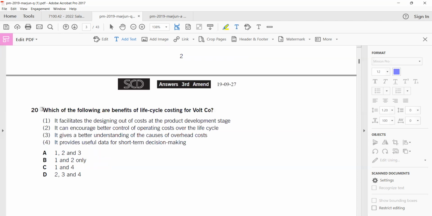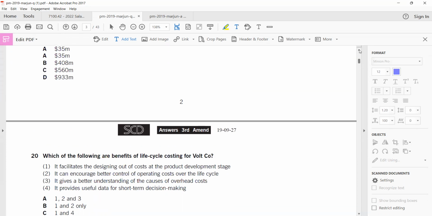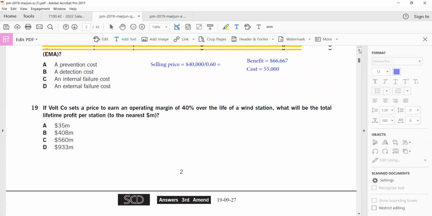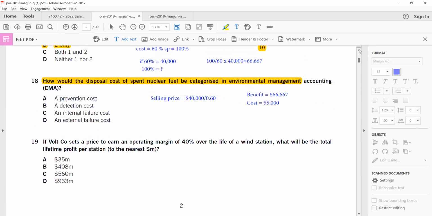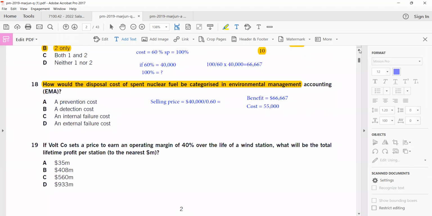Sure. Yes, please. When you subtract the 55,000 from the 66,667, you do not get any corresponding answer in the options.